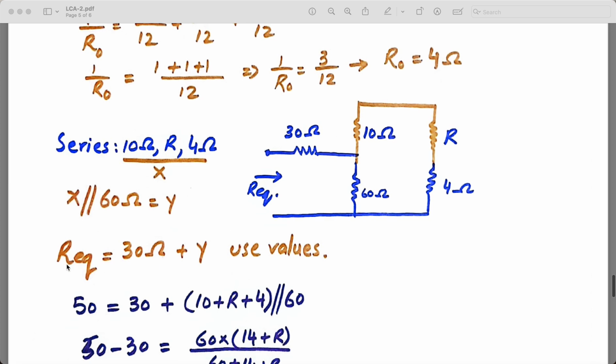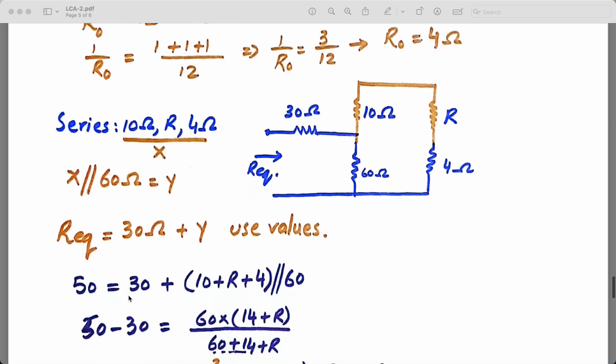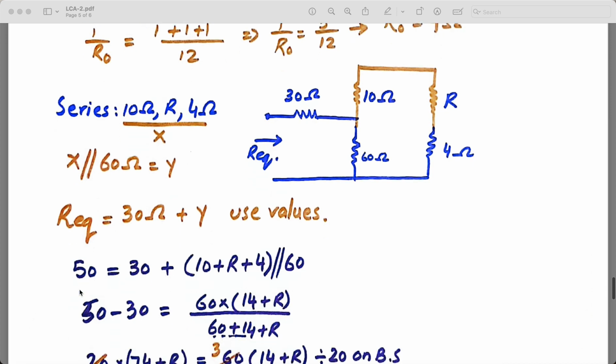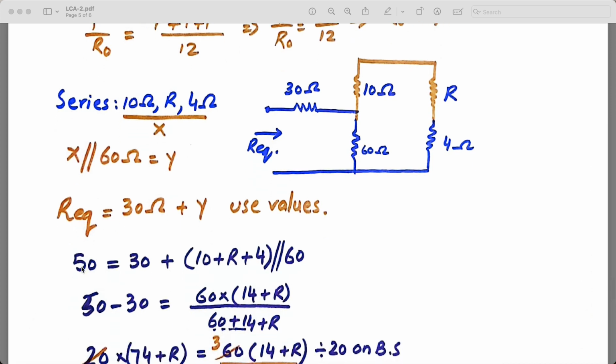So you can say R equivalent is equal to 30 ohm plus this Y. And what is Y? X is in parallel with 60. And what is X? 10 ohm plus R plus 4. You can write this equation in this format: R equivalent, that is 50, equals 30 ohm plus Y, and Y is 10 plus R plus 4 in parallel with 60.